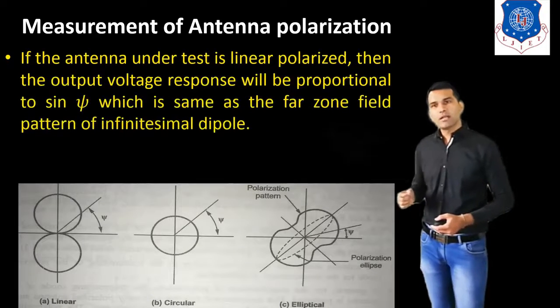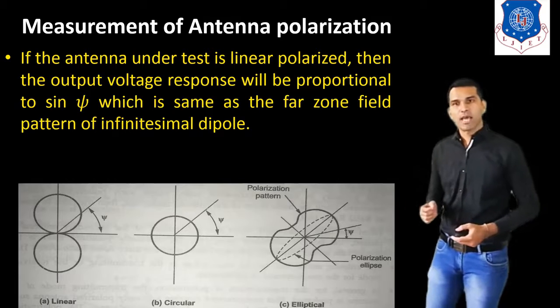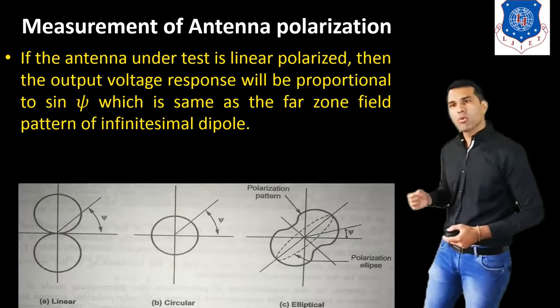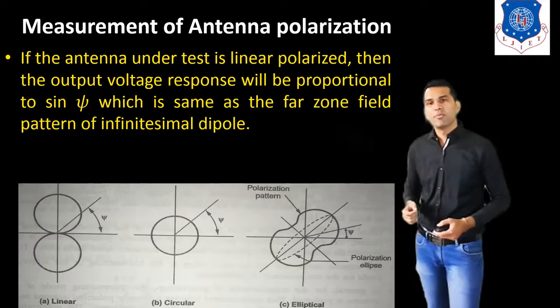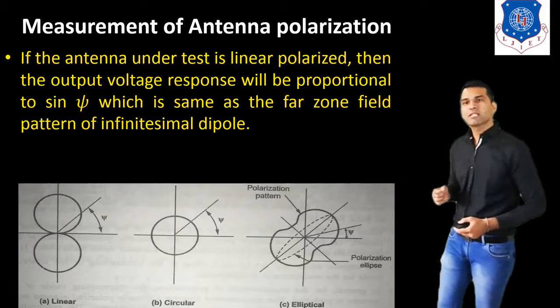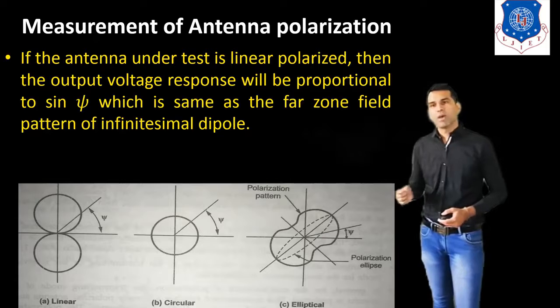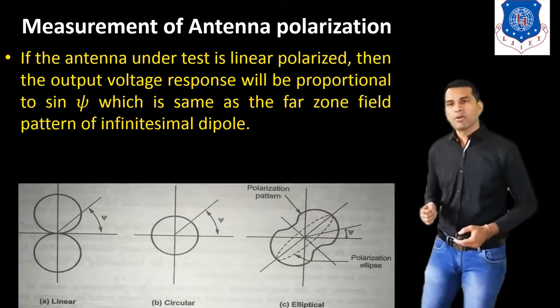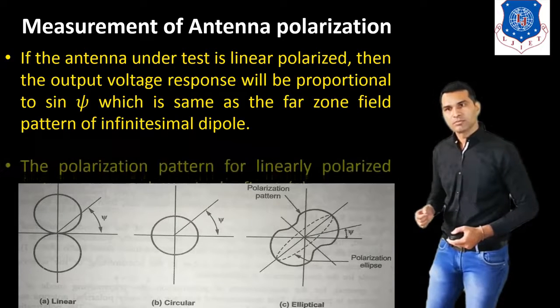If the antenna under test is linearly polarized, then the output voltage response will be proportional to sine psi, which is the same as the far zone field pattern of the infinitesimal dipole.